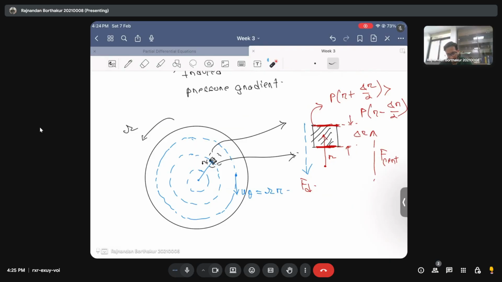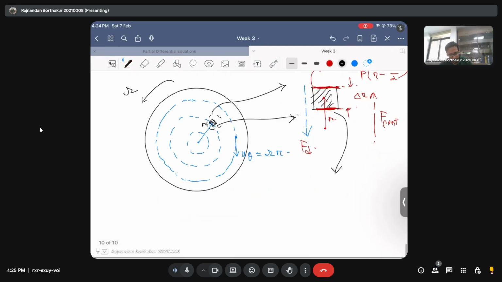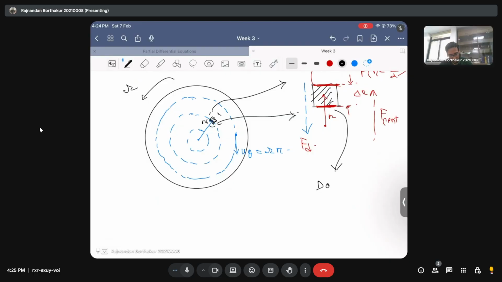The second thing is that the reason this is known as a rigid body motion is that you can show that this fluid element does not deform.